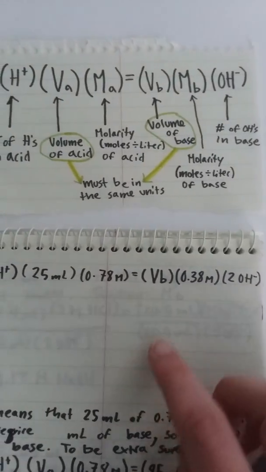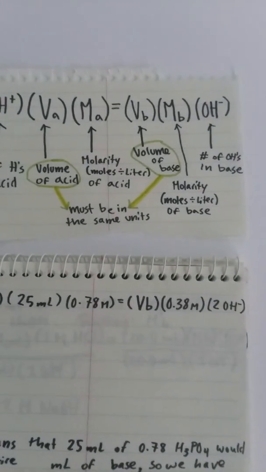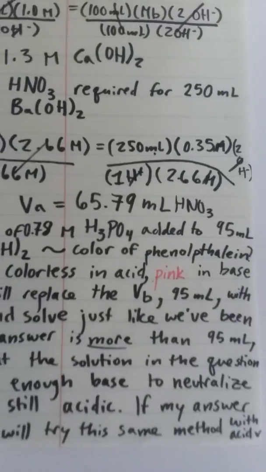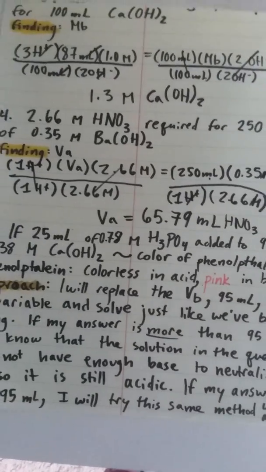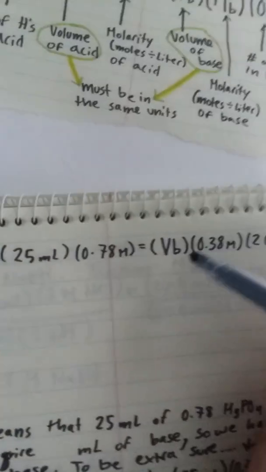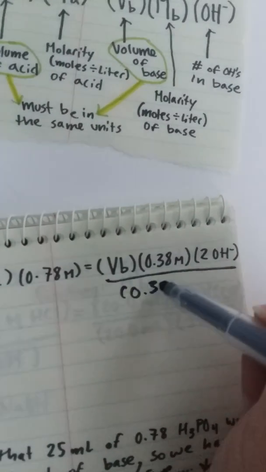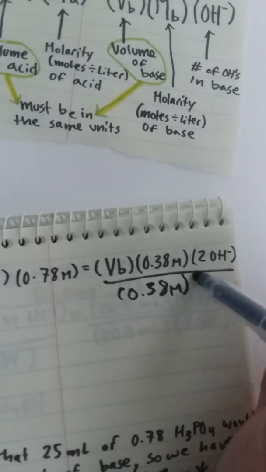Again, I threw out the 95 milliliters, pretending we weren't given it, and I include everything else: 0.38 molar of calcium hydroxide, and again, that has 2 OHs. Then I solve like we've been doing, and I'll compare that to the 95 milliliters proposed in the question.